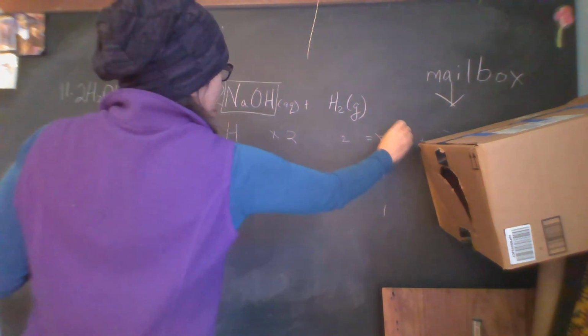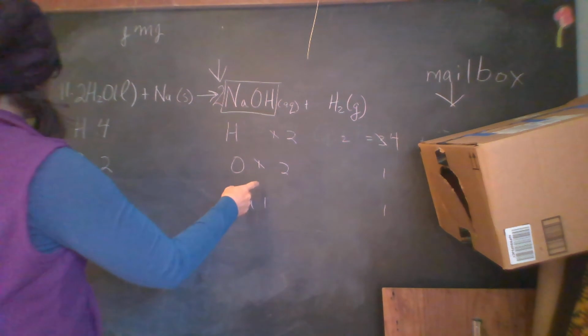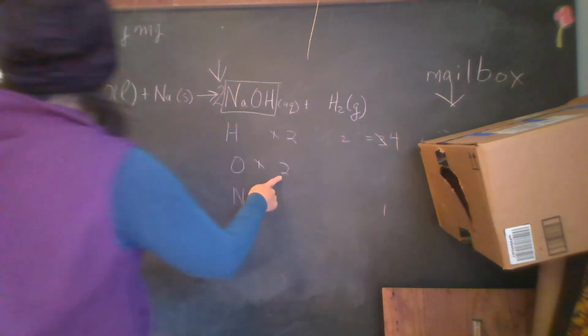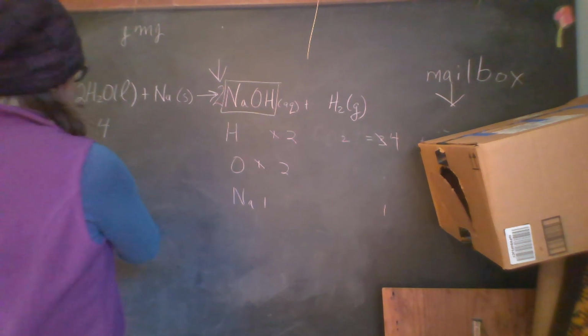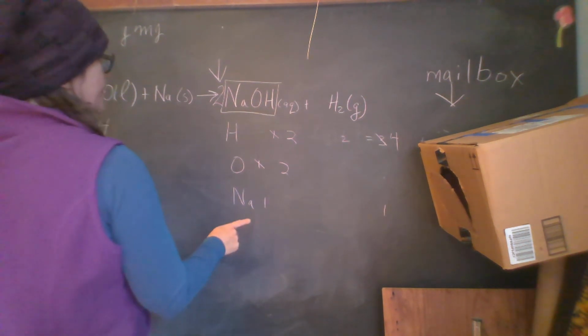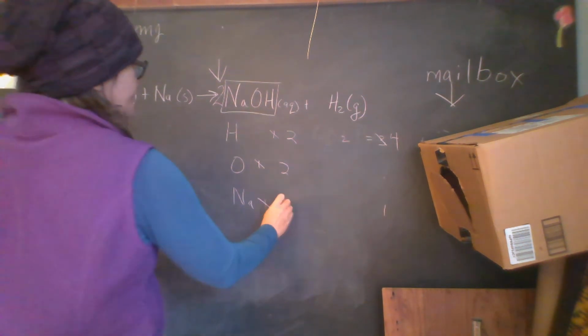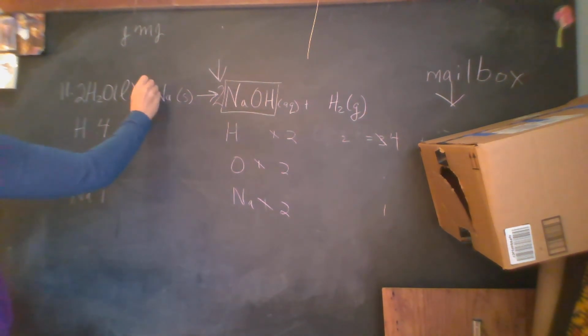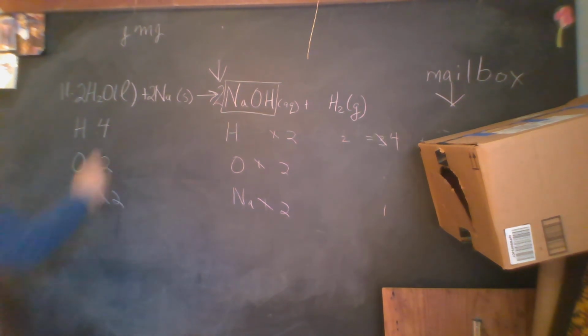That'll give us 4. That's good. That'll be 2. Uh-oh. Here we go to 2. Well, what if we make this 2? Then we'll have 2 of these. So now we're balanced. We have 4 hydrogen, we have 2 oxygen, we have 2 sodium.